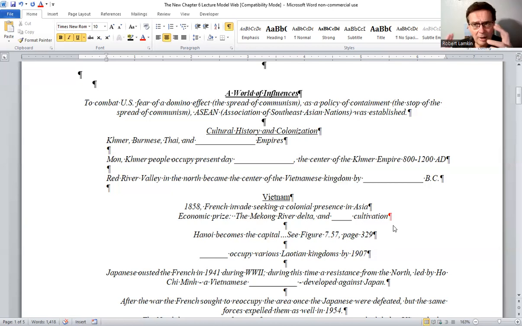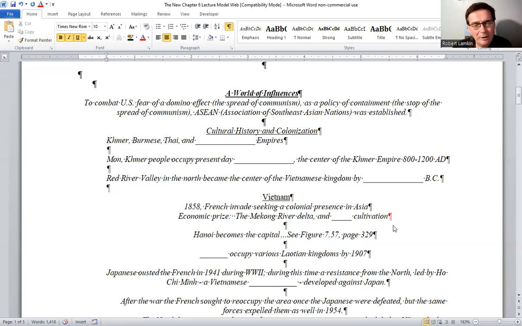And that was kind of the major watchword for the U.S. right after the shooting stopped in World War II, as we had a pretty good inclination of Joseph Stalin's inclinations of where he wanted the USSR, the Soviet Union's influence to go. And it was to contain that, right? Containment, the policy of containment.